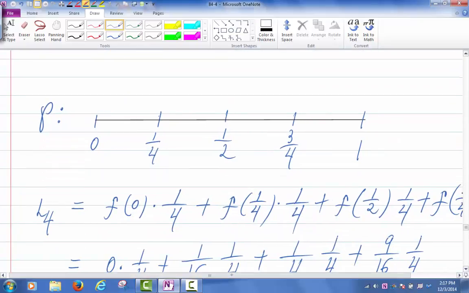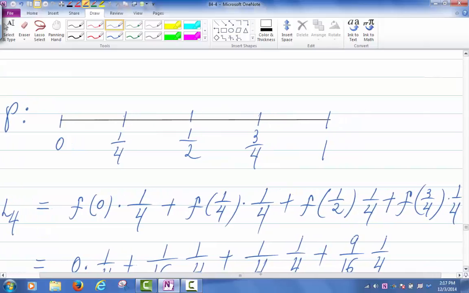Now, how do I compute L4 then? Well, it's a Riemann sum where the sample points are what? For the first subinterval, I evaluate f at 0, multiply by 1/4, which is the length of the subinterval.